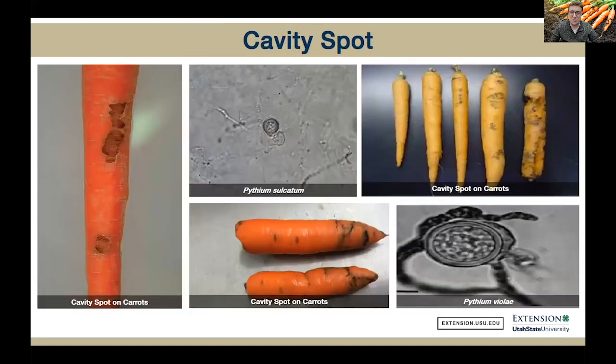Okay, next one, we have cavity spot. This is caused by a fungus, or there are two different fungi that cause cavity spot: Pythium sulcatum, I think it's called, and Pythium violae. These pathogens favor cool temperatures, and they grow best around 58 degrees Fahrenheit.